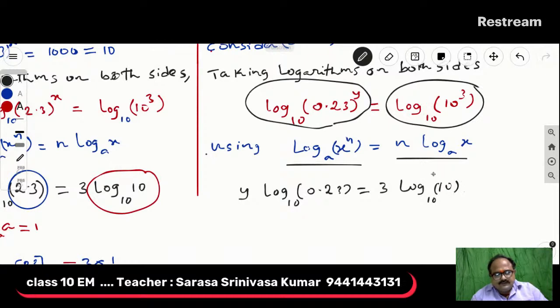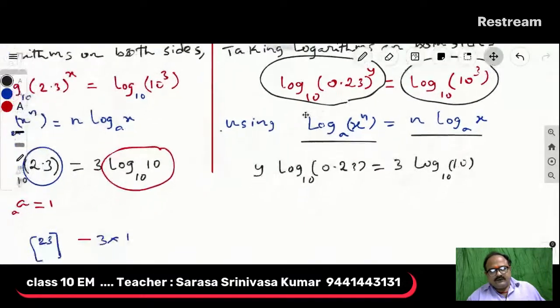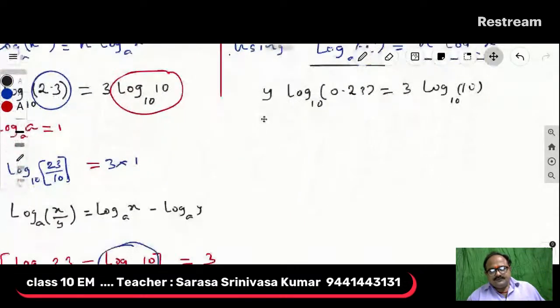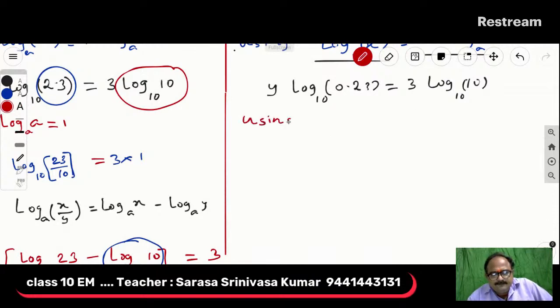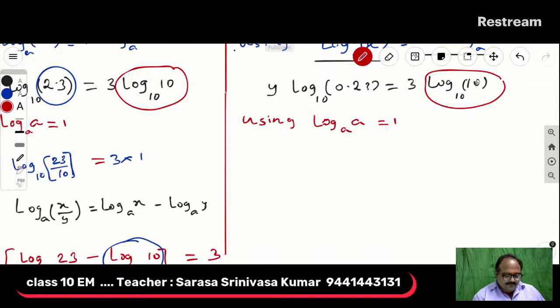I am using the same method to find the results for part 1 and part 2. I am not changing any steps. Now, using the formula log a to the base a equal to 1, we can write log 10 base 10 equal to 1.